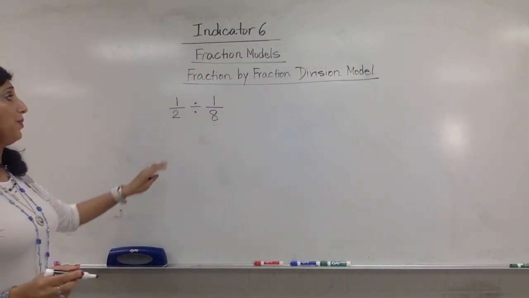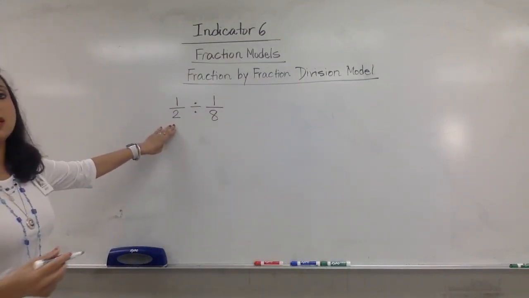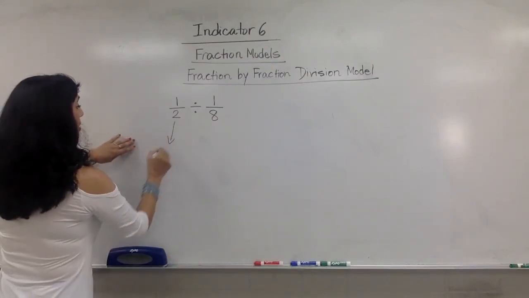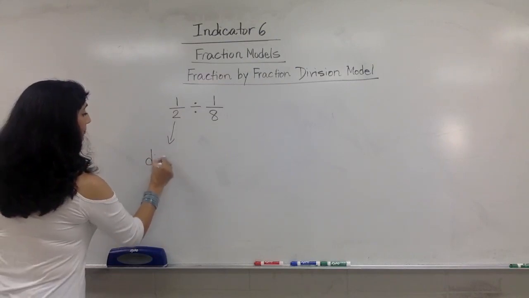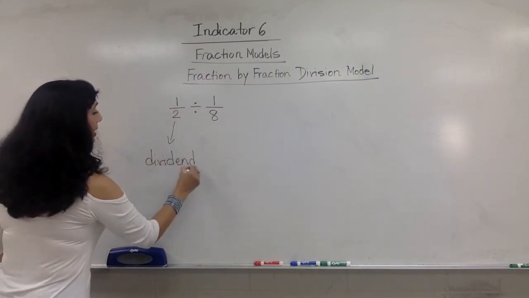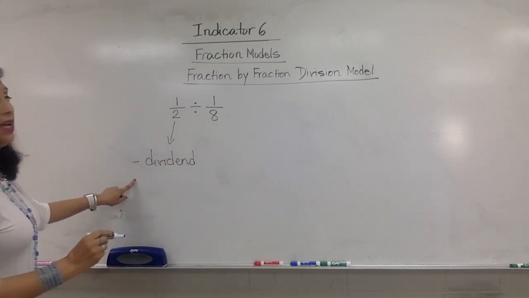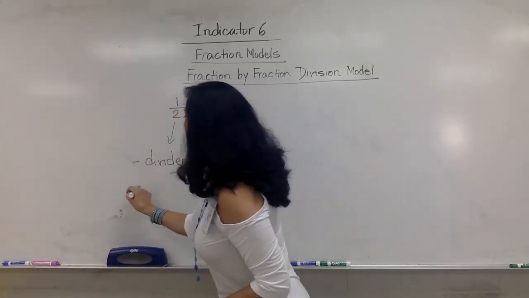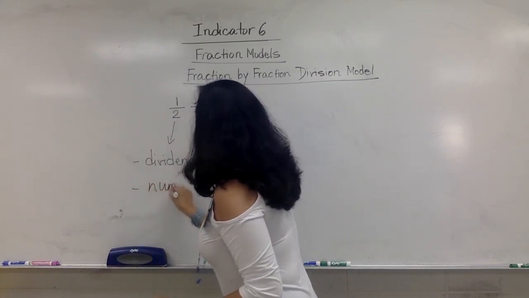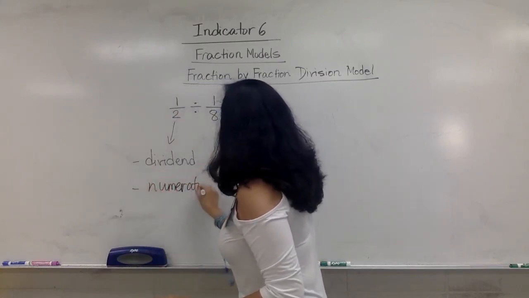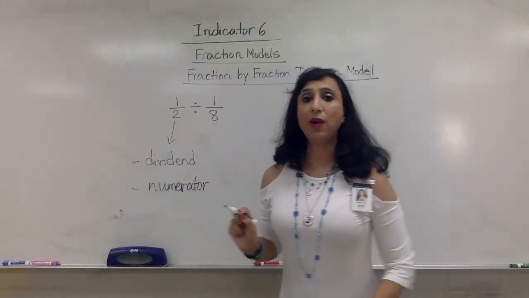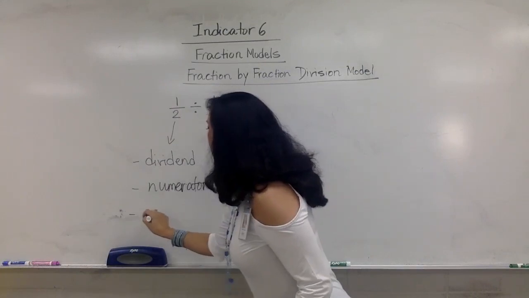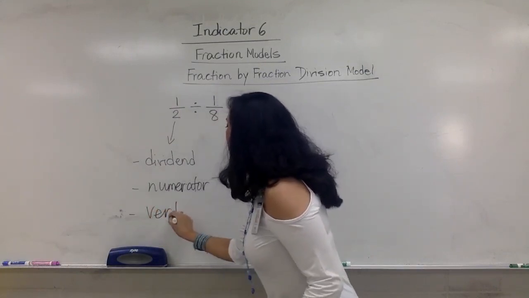Okay, so remember, the first number is your dividend. The dividend is also your numerator in a fraction, and when we make the fraction model, this is going to be drawn vertically.